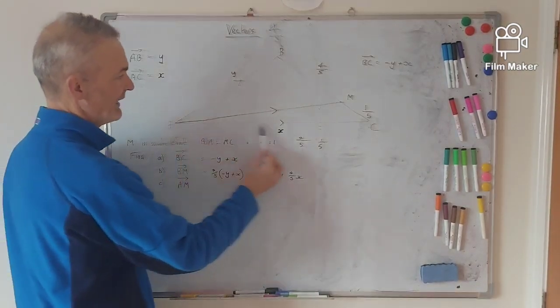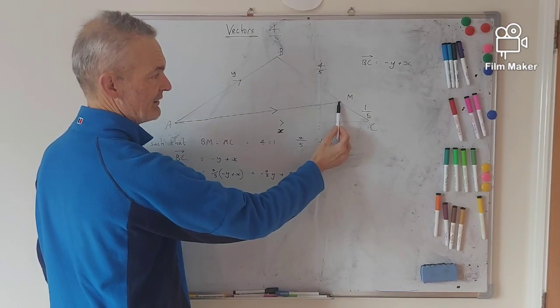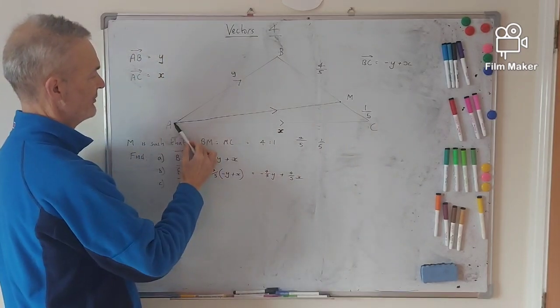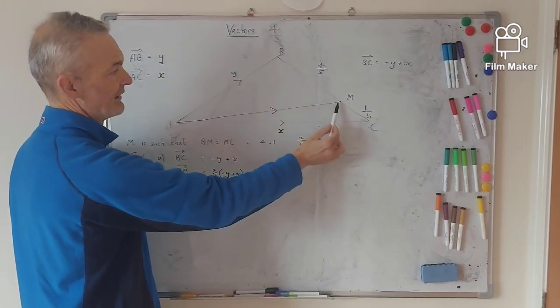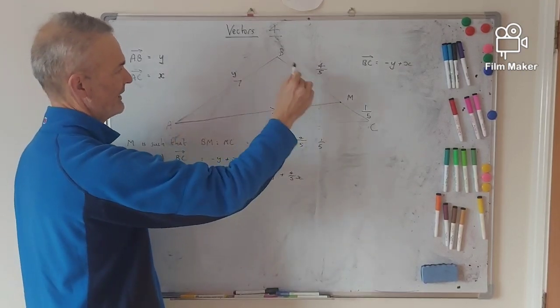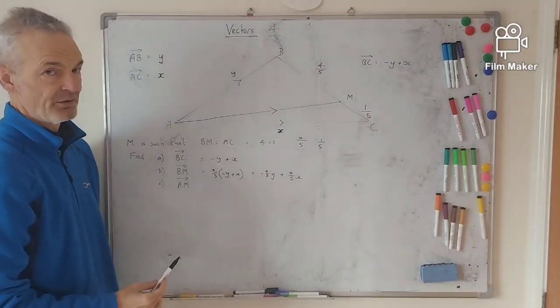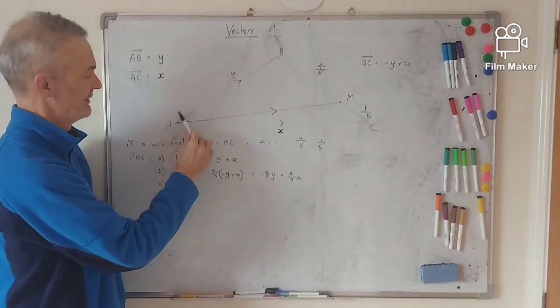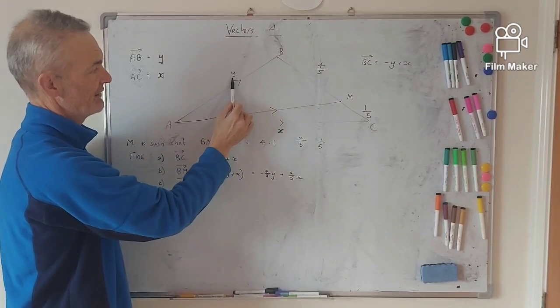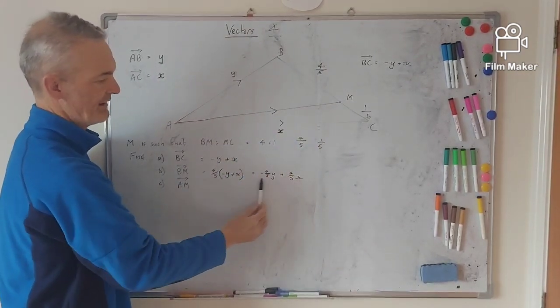You could go from A to C and then up to M, or you could go from A to B and across to M that way. I'm going to go this way, A to B and B to M, because I've got those vectors already. I've got that one there, that's y, and we've just worked this one out.